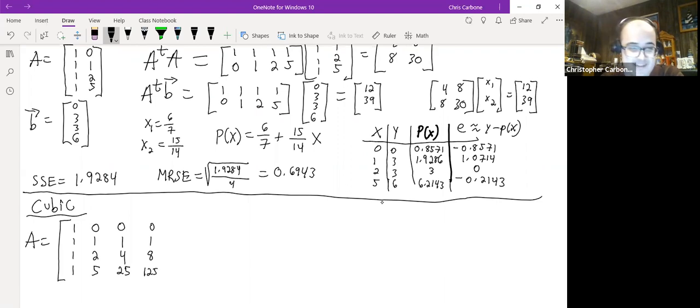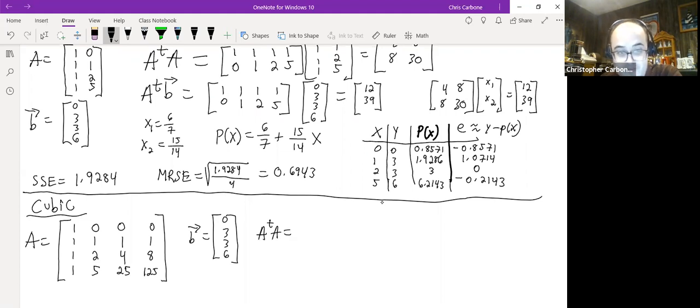Doing this one by hand is not the most optimal way of doing it, but what can you do? That's for matrix A. Our vector B does not change. The vector B is still all those y values. So 0, 3, 3, 6, just like we got up here. So now when we find A transpose times A, the transpose of this A, all of these rows become columns and all the columns become rows.